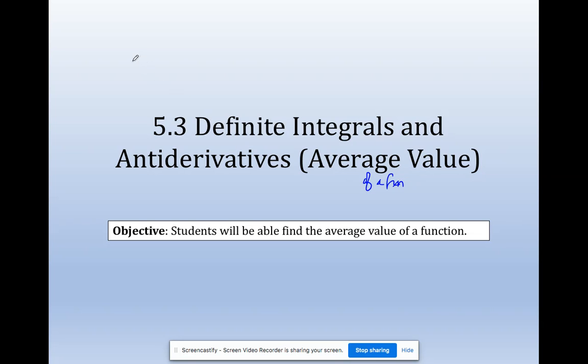Don't confuse that with the average rate of change. When we were doing derivatives, we talked about the average rate of change, and that was the slope of a secant between 2 points, right?